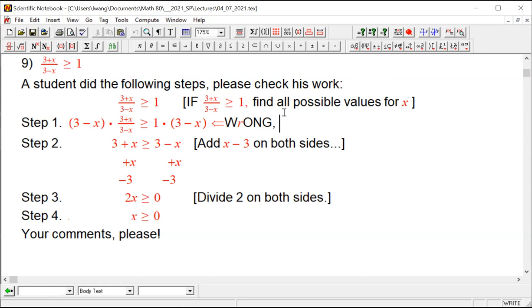Why is it wrong? What is the reason it is wrong?